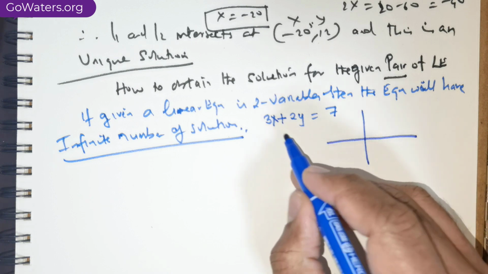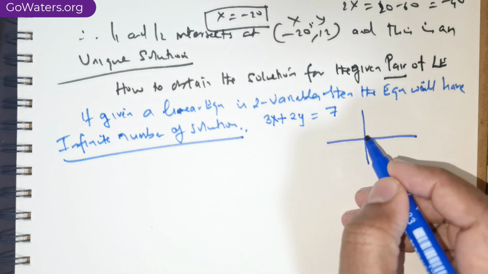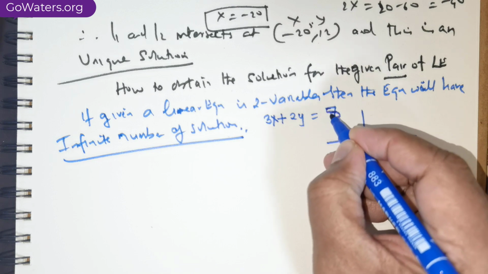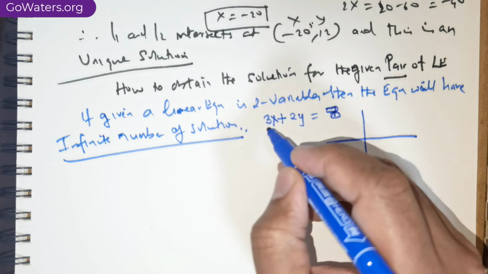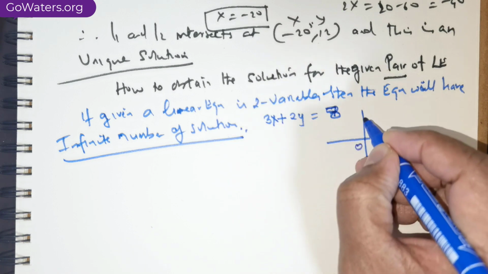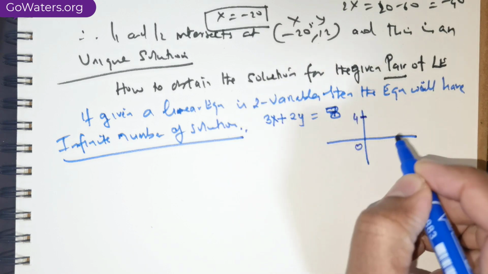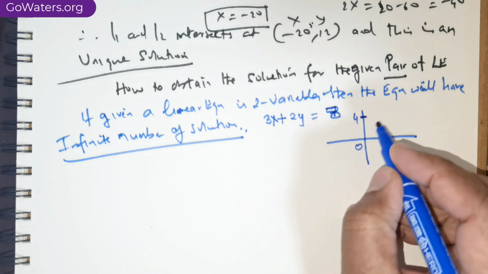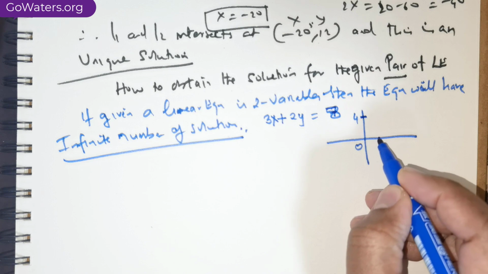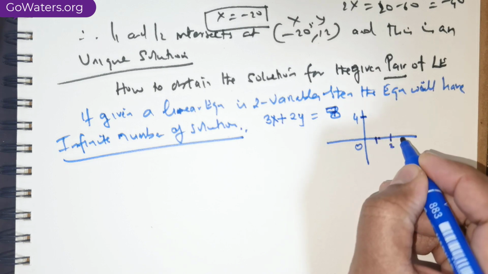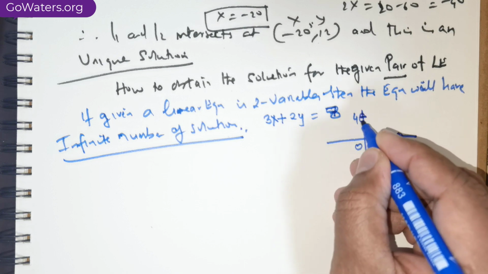Say instead of taking it as 7, let me take it as 8, so that I will have a complete number. When x is equal to 0, y is going to be 4. This is the point 4. And when y is equal to 0, x is going to be 2.6, right? If this point is 1 and this point is 2, 2.6 would be somewhere over here. Let me just take this as 2.6 and this point is 4.